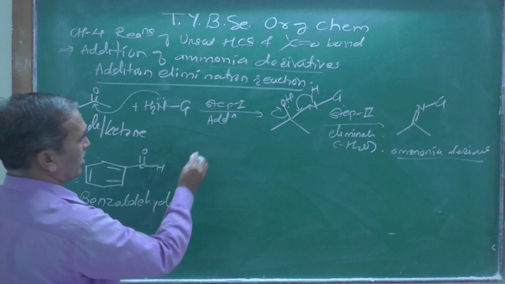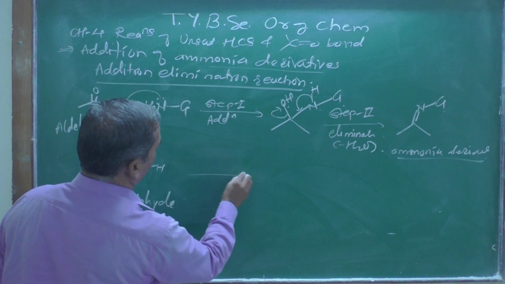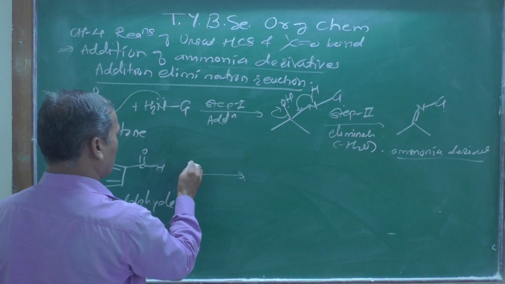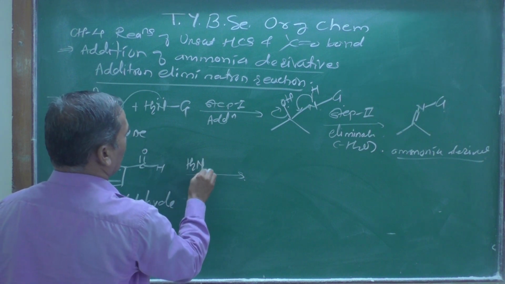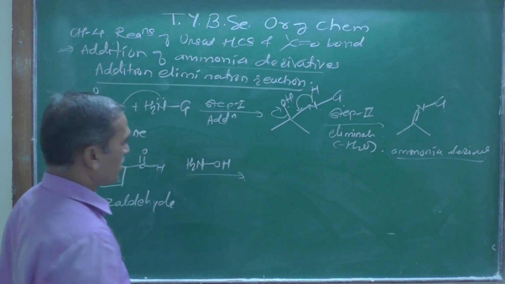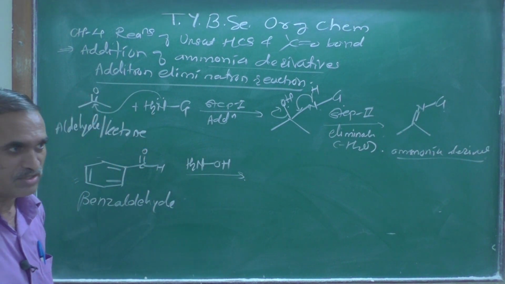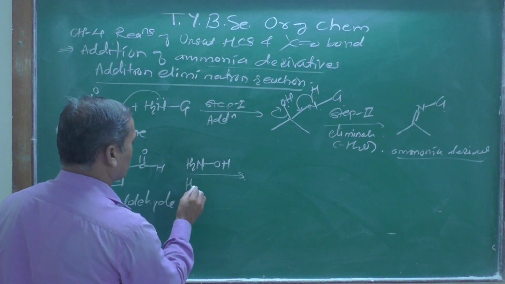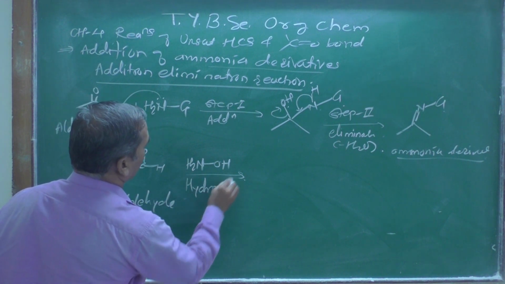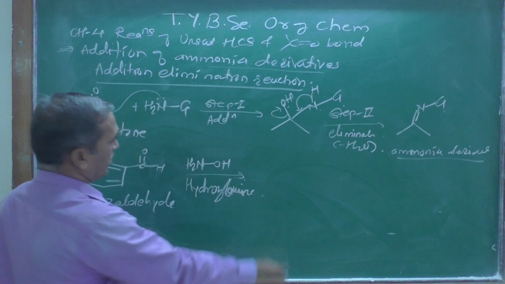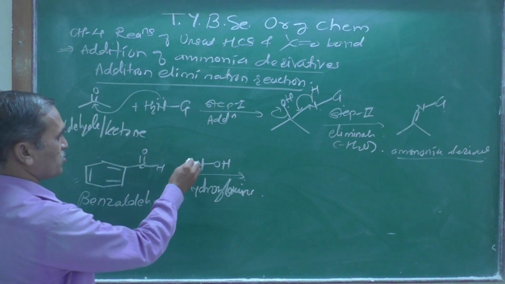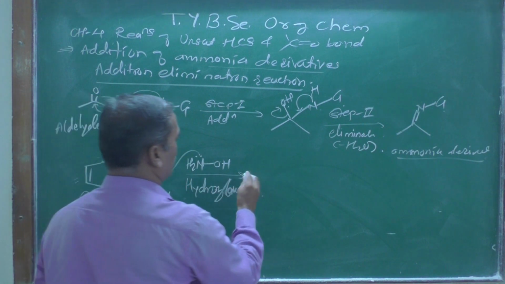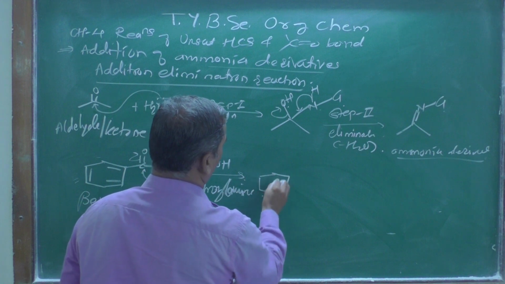Now we are going to add hydroxylamine, NH2 and then OH. The name of this reagent is hydroxylamine. And what is going to happen here? This is going to add across the carbonyl, and you are going to get the compound like this.